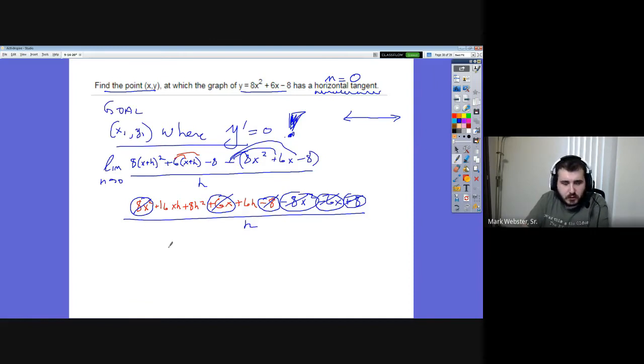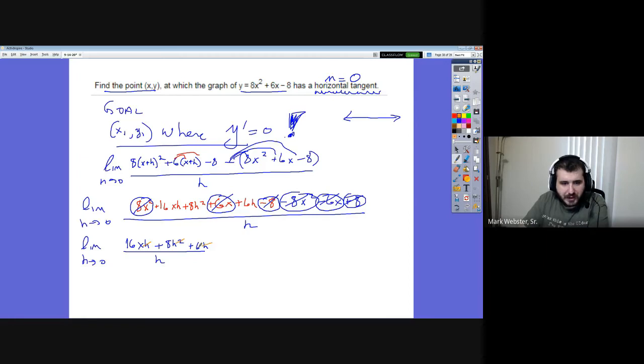We've got the limit as h goes to 0. Don't forget about that. Limit as h goes to 0 of this now significantly smaller fraction, 16xh plus 8h squared plus 6h over h. And now we're going to cancel out all the h's from top to bottom that can come out.